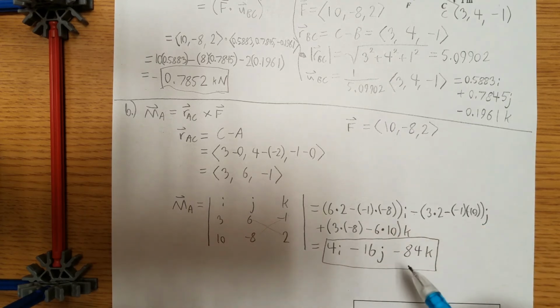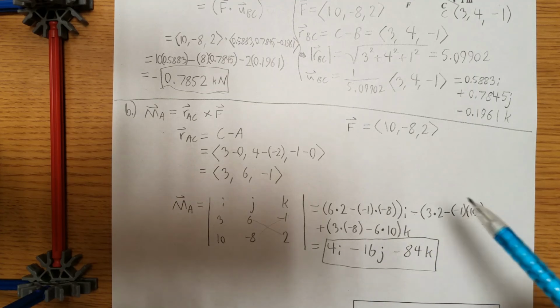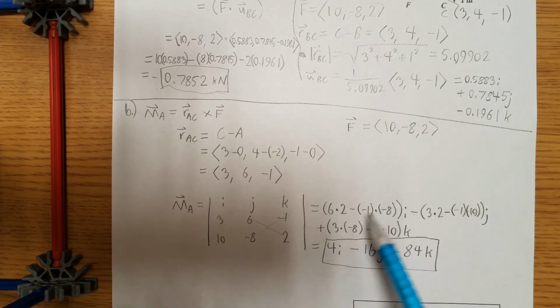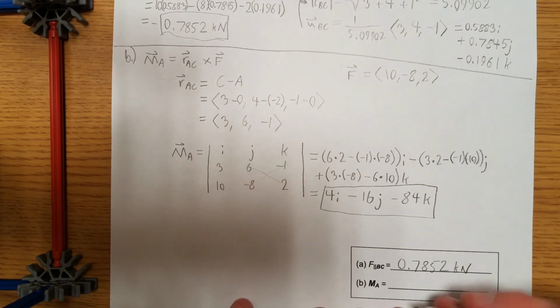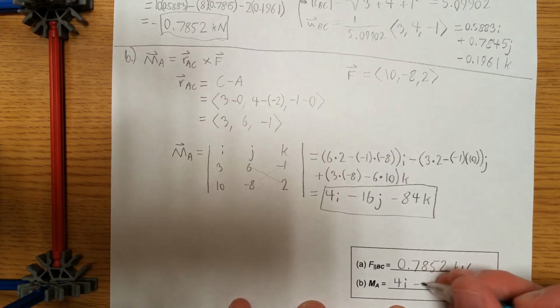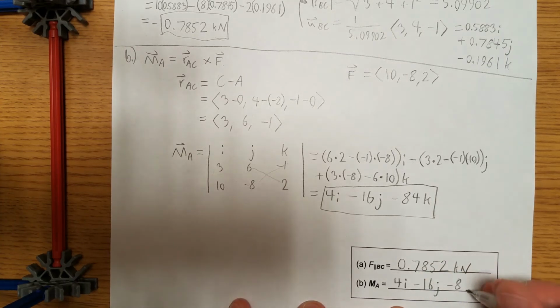Now, I did these all in my head. It might help if you did it by hand, or by calculator, just to check and make sure that you get the correct values. But here's what I've got. So if we write down in our answer key, the moment about A caused by this force here is going to be 4i minus 16j minus 84k.